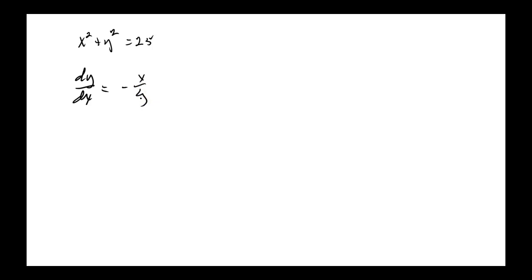Now, let's verify that it is a solution. Let's take the derivative of this thing. How do we take the derivative of that? The easiest way is implicitly.